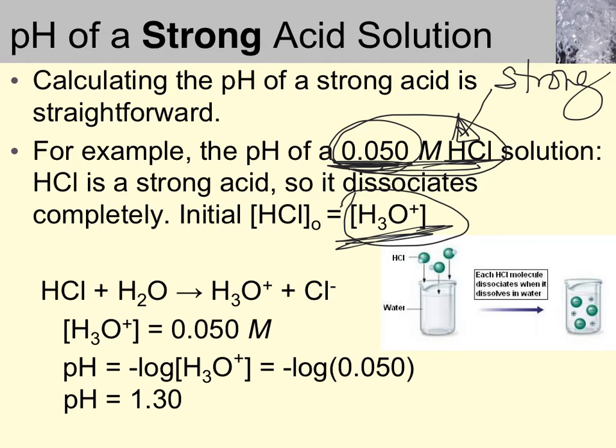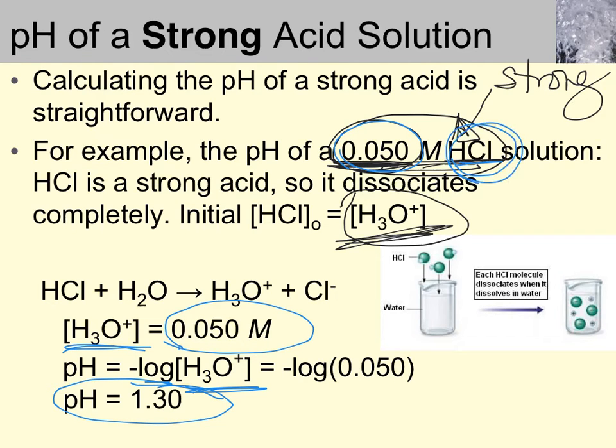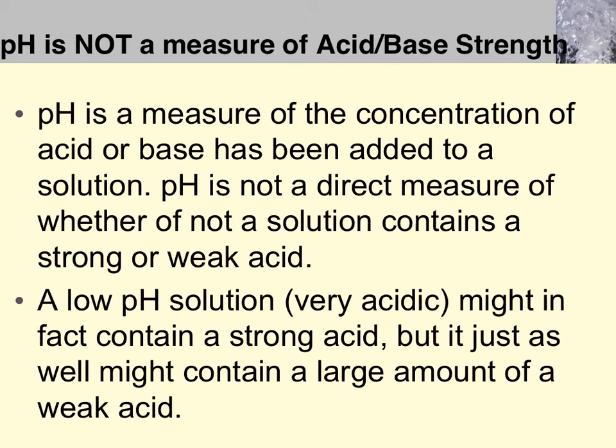So in this case, since we started with 0.050 molar of a strong acid, we have 0.050 molar of hydronium ion. So now we can get the pH, which is minus log of the concentration of hydronium. We have a pH of 1.3, which is what we would expect. We're dealing with an acid, HCl, so we expect a low pH.